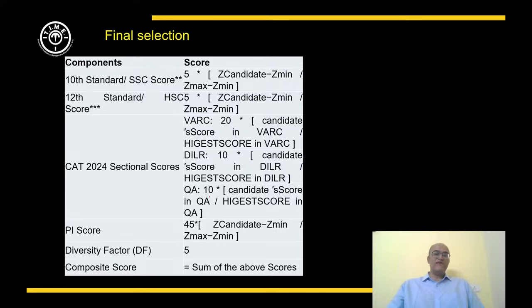Then personal interviews had a humongous 45% weightage. And again, the diversity factor was 5%. So personal interviews definitely play a major role in the final selection stage in IIM Indore.